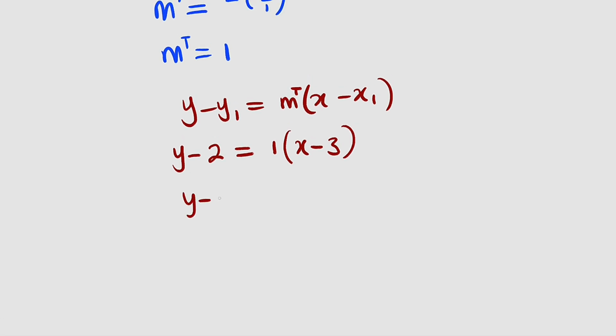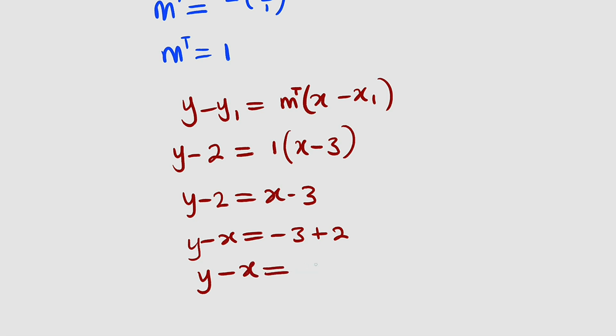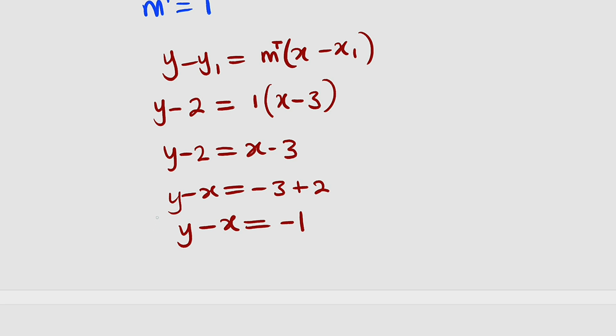So this is y minus 2 equal to x minus 3. Let us bring variables to the left hand side and all constants to the right hand side. We have y minus x equal to negative 3 plus 2. Therefore y minus x is equal to negative 1. So this is the equation which is perpendicular to the original equation given to us.